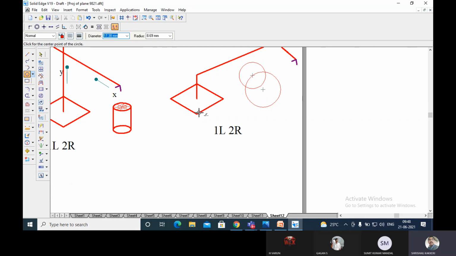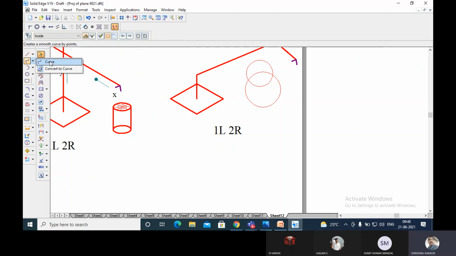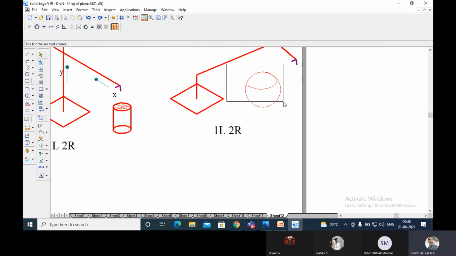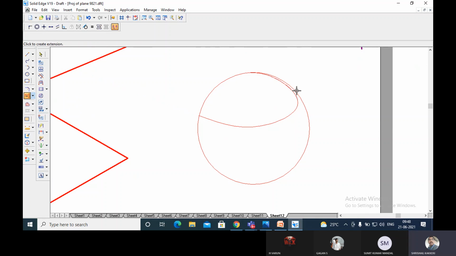It will be just like this, a spherical shape. You can see that.